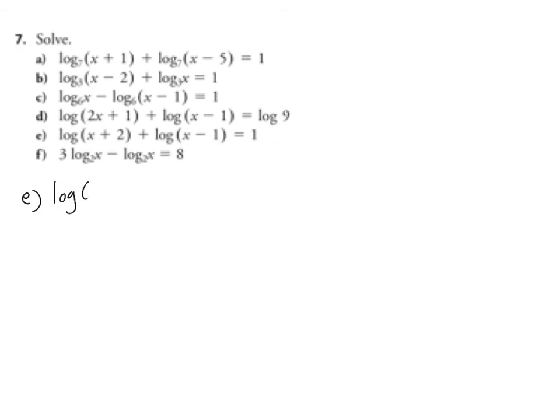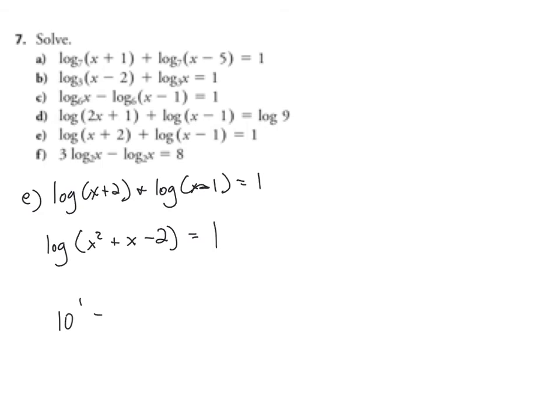Log of x plus 2 plus log of x minus 1 equals 1. So that means that the log of x squared plus x minus 1, so plus 2x minus x, so plus x minus 2 equals 1, which means 10 to the power of 1 equals x squared plus x minus 2, which means we're going to bring the 10 over.